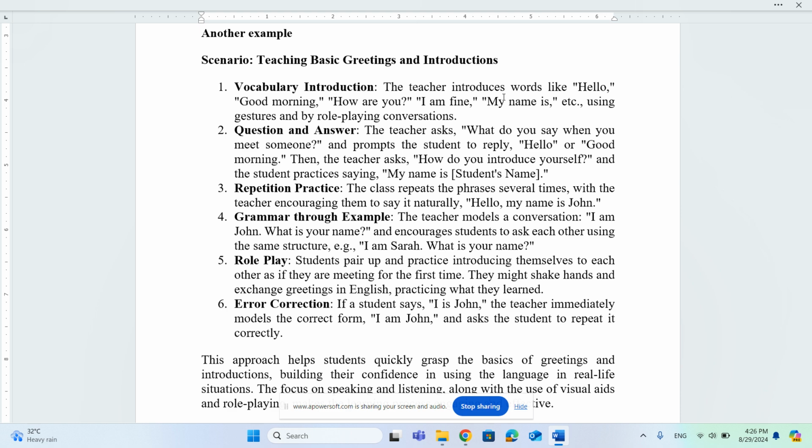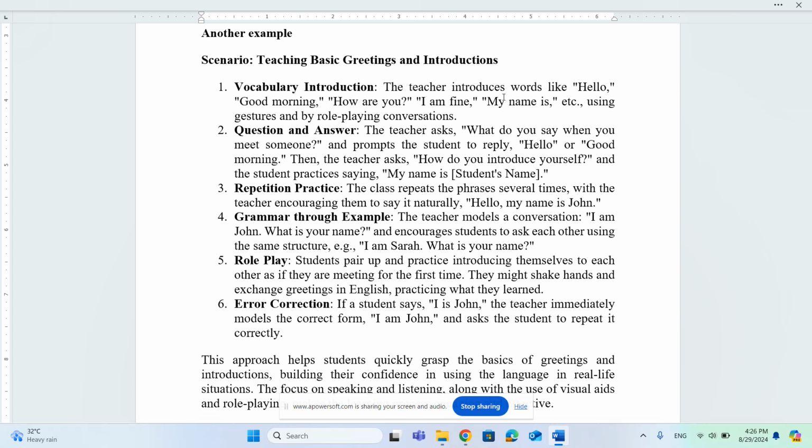This type of question and answer game prompts the students to reply, like hello or good morning. Then the teacher asks, how do you introduce yourself? And the students practice saying, my name is, and their own name. They may respond in that way. And it should be repeated again and again.